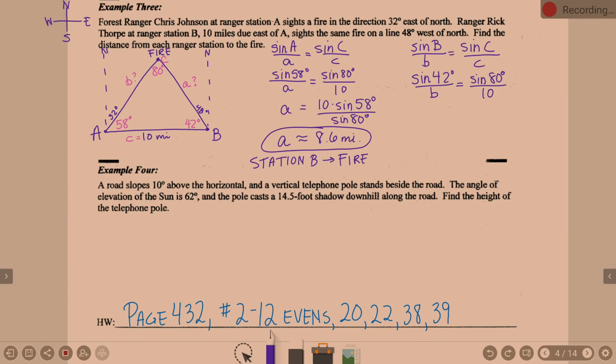Cross products: B times sine of 80 degrees is equal to 10 times sine of 42 degrees. We're going to divide by the sine of 80 degrees, and B is 6.8 miles. And that 6.8 miles is the distance from station A to the fire.